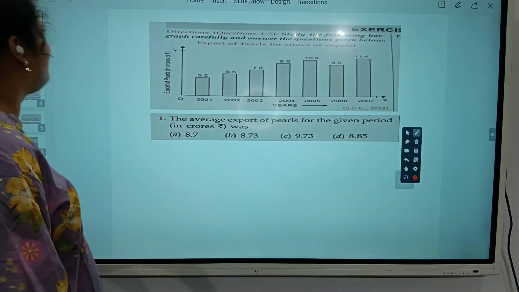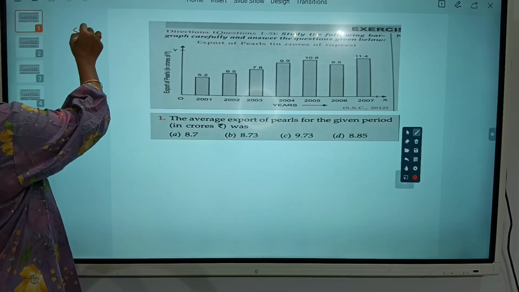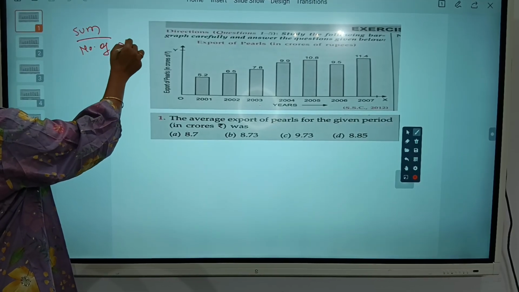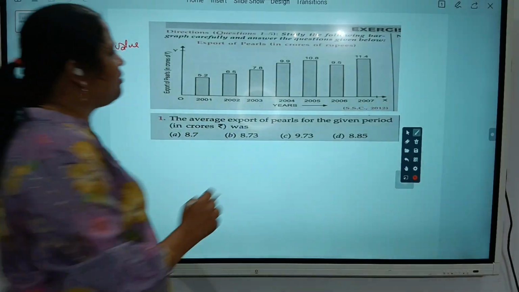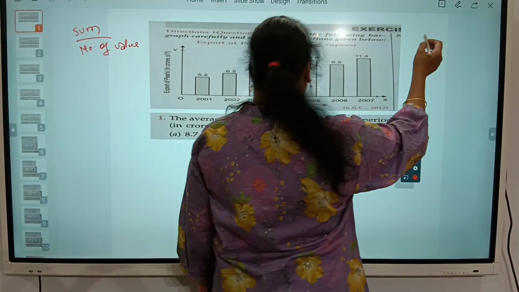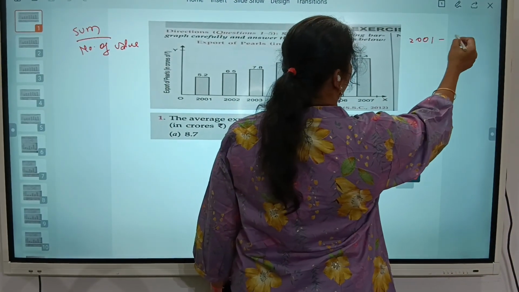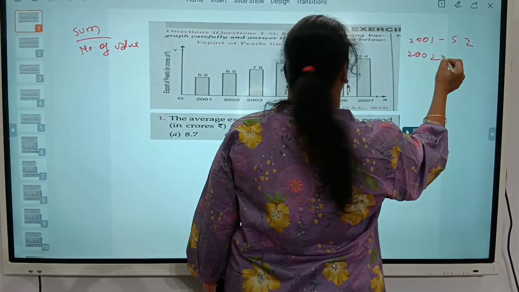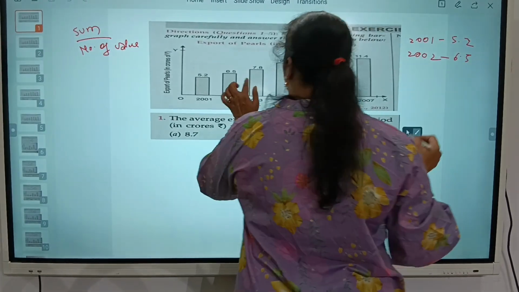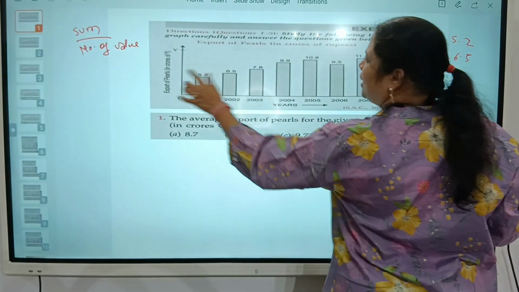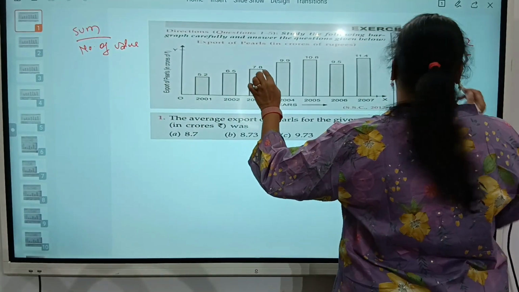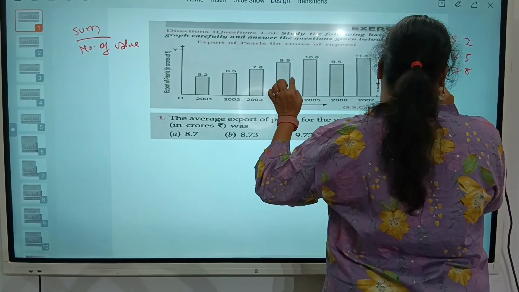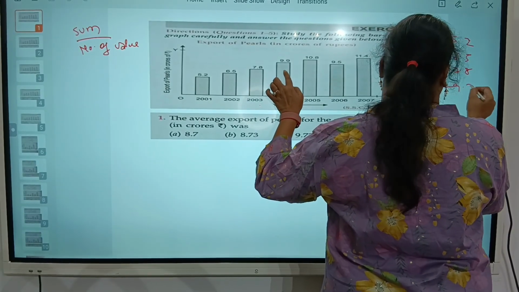So what is the average formula? Sum of all values by number of values. First we will do the sum of these values. The first value, 2001, is 5.2 crore. 2002 is 6.5 crore. It is already given in the graph, we need not find it. 2003 it is 7.8. 2004 it is 9.9.